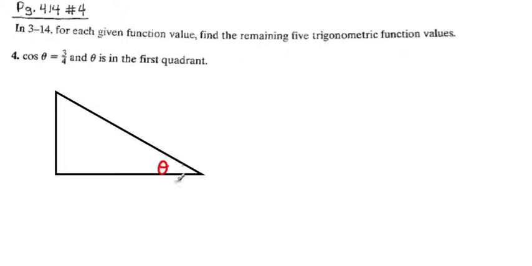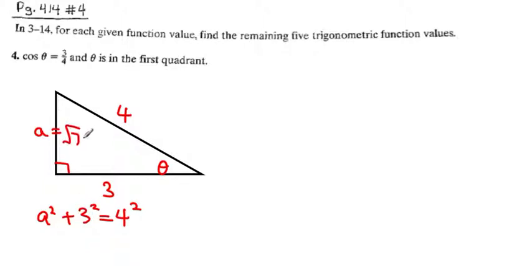If we assume this is the angle theta, and this is a right angle, cosine is the adjacent over hypotenuse. So this is the ratio which we end up getting. Since I do not know this side, why don't we call this side A? Then using the Pythagorean theorem, we have A squared plus 3 squared is equal to 4 squared.